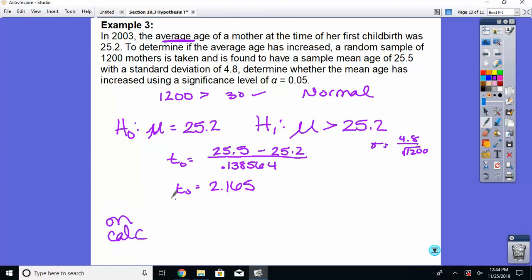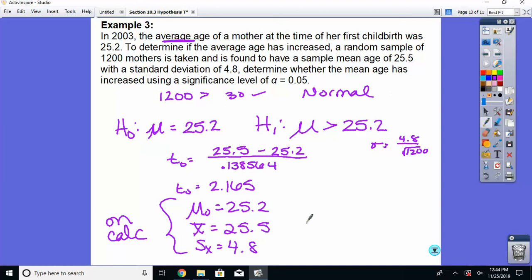I'll write this out so you can confirm that you're putting it all in correctly. The n is 1,200. Our test, we are doing greater than.